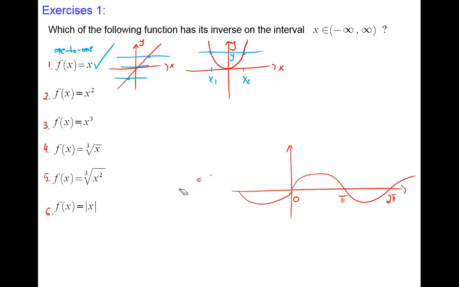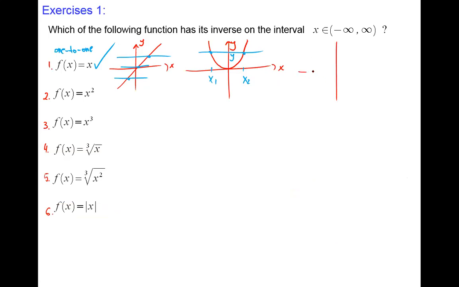That means what we will do, I will skip this one for now, but I will focus on x squared. What we can do, and that's what mathematicians want to do, because they still don't want to leave the function: for example, x squared, if we would like to find an inverse, we have to make that curve one-to-one.